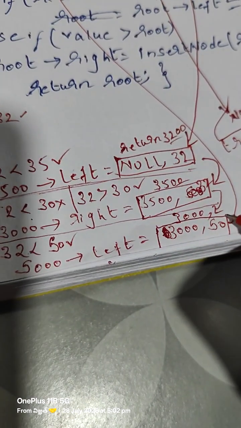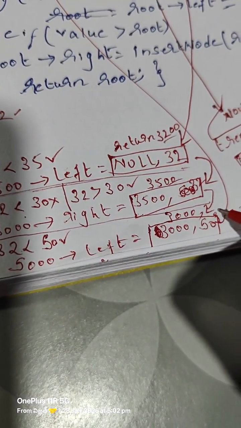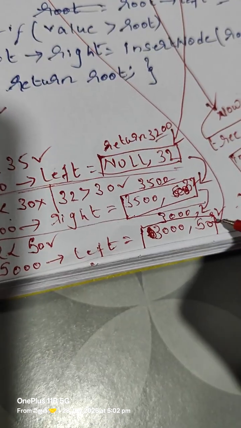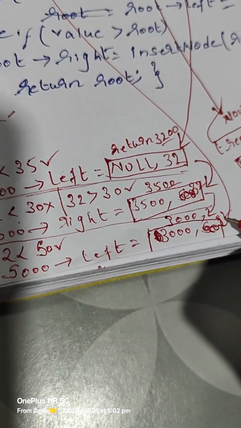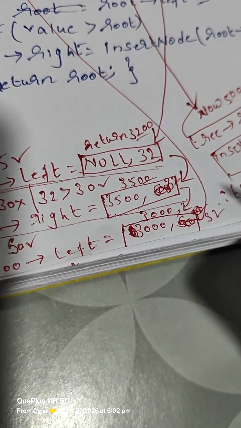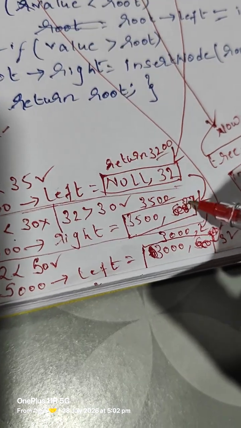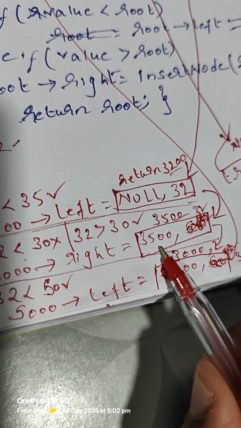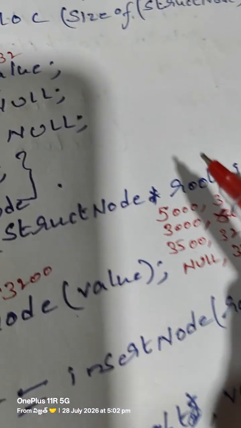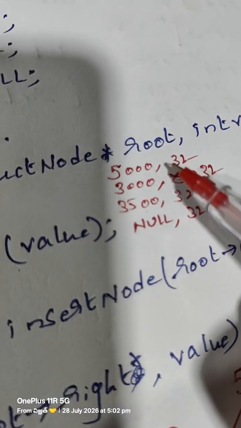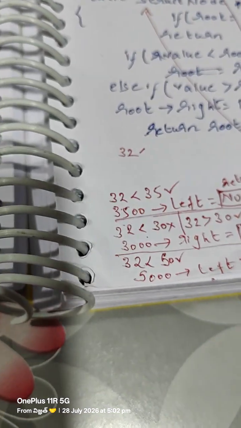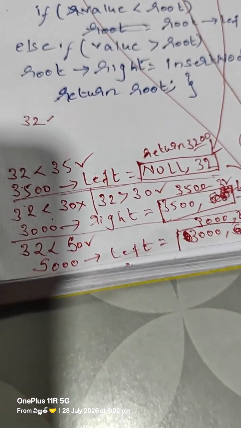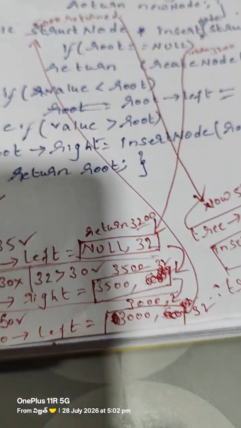You always have to check the 32 value, not 30. Always you need to check the address and the key value, 32. Here I have written it properly, but over there I wrote it wrongly by mistake.